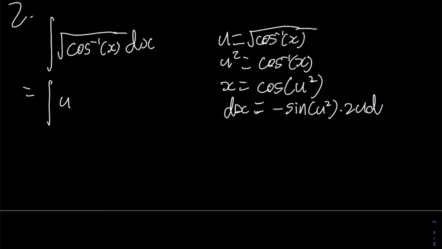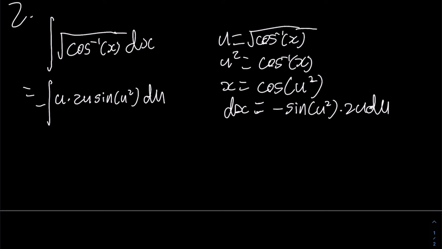And then du, because u is a function of x. So multiply by du. And then finally, we have the integral of u times 2u times the sine of u squared, and du.